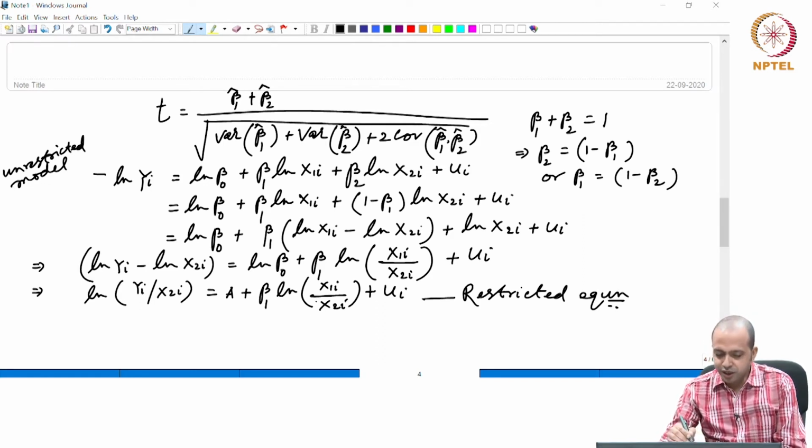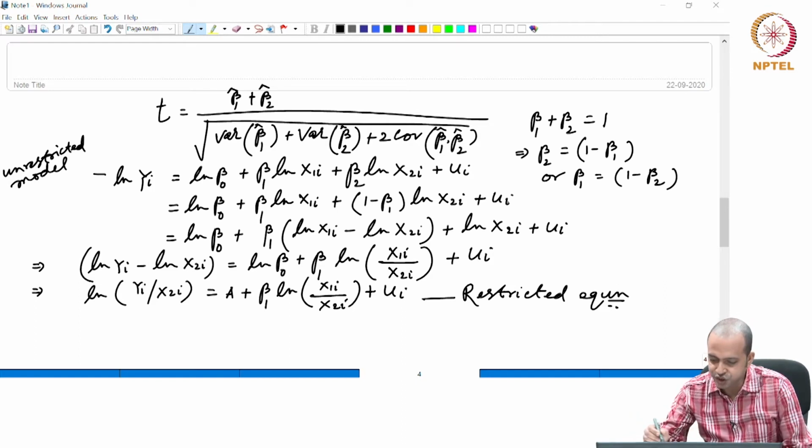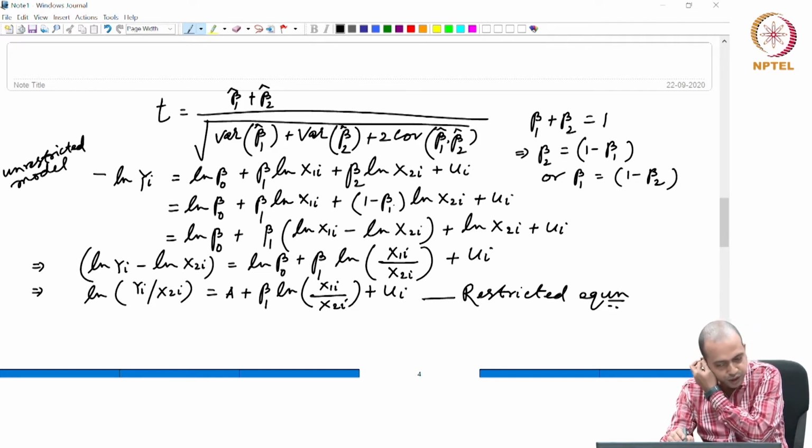Similarly, if you put the other restriction, here I have substituted the value of beta 2 with beta 1.